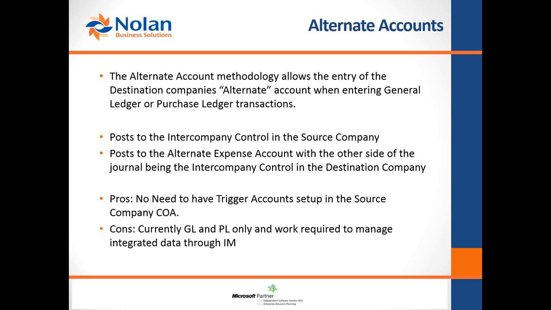But most of the intercompany that we've seen goes through the general ledger and the purchase ledger, and the trigger accounts are used when you're posting in items from other sub-ledgers such as field service or project accounting modules.